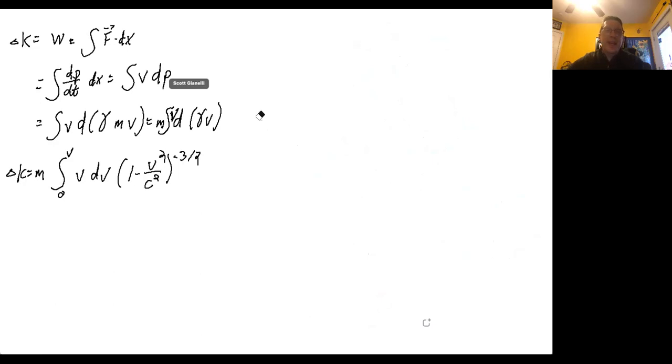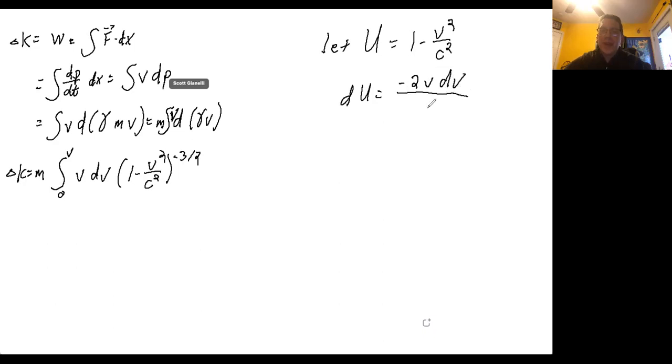What you're doing is, we'll let U, capital U, equal 1 minus V squared over C squared, so that dU is equal to negative 2V dV over C squared. So that V dV is equal to negative C squared dU over 2.